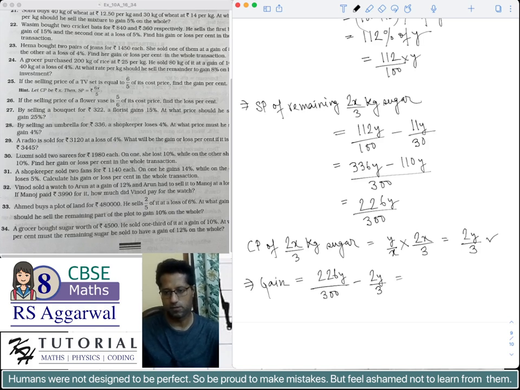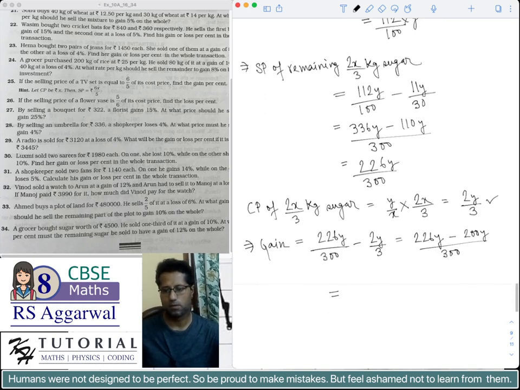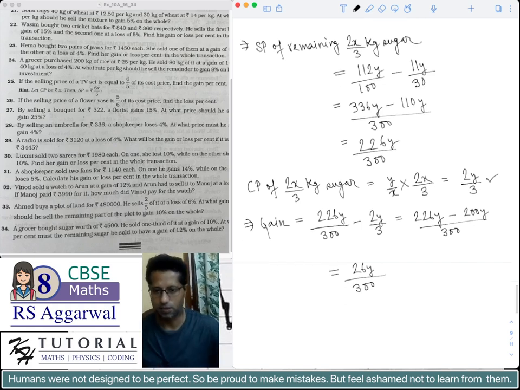If we simplify this, it is 226y minus 200y divided by 300. This is equal to 26y by 300. So this is the gain that must be made in selling the remaining amount of sugar, based on the cost price of the remaining sugar.